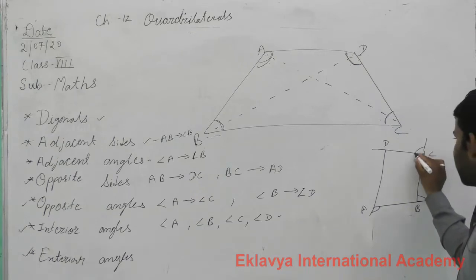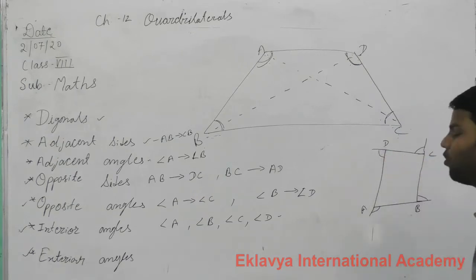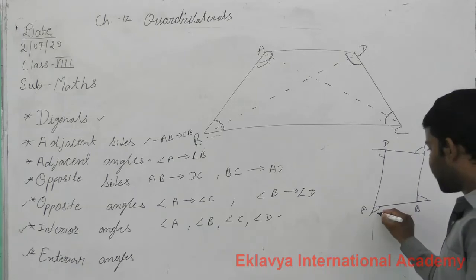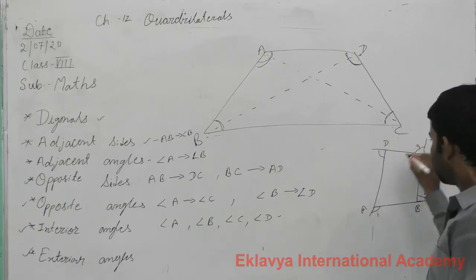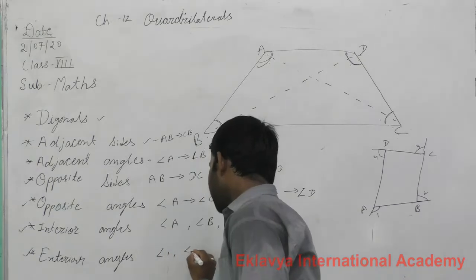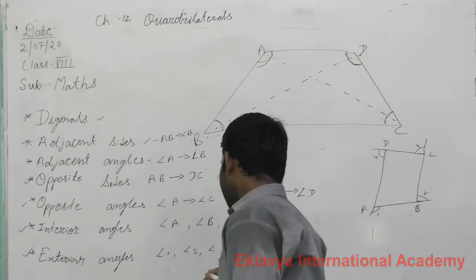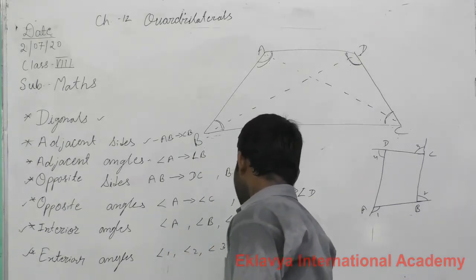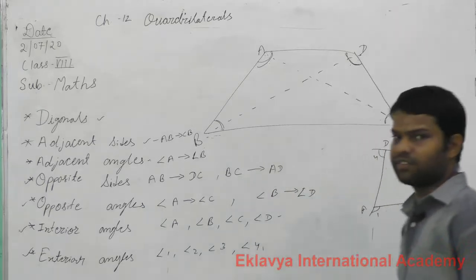So these are exterior angles of this quadrilateral. Like if I represent here angle 1, 2, 3, 4, then angle 1 is exterior angle, angle 2 is exterior angle, angle 3 is exterior and angle 4 is also exterior angle.